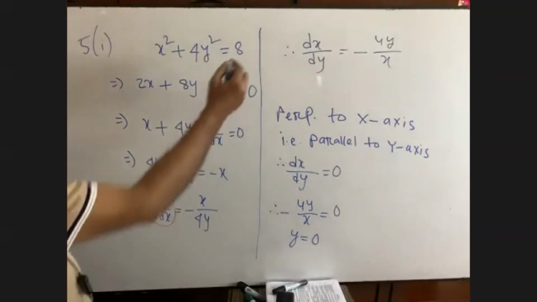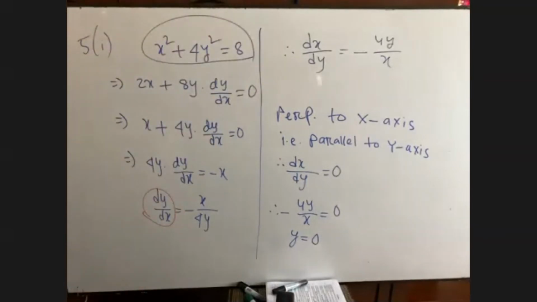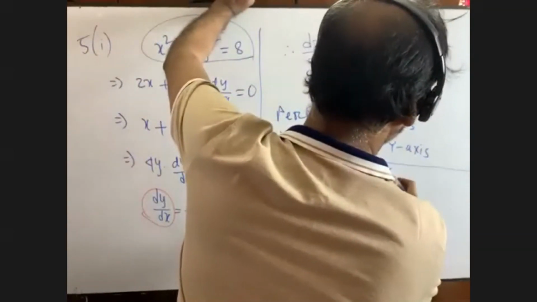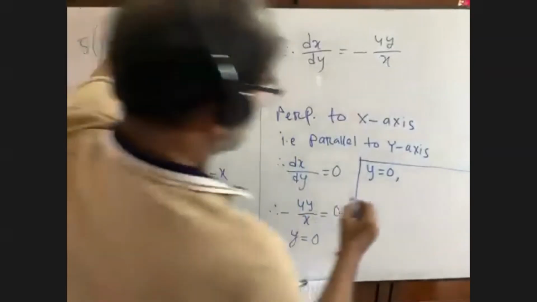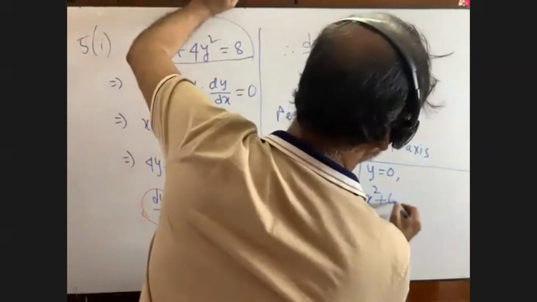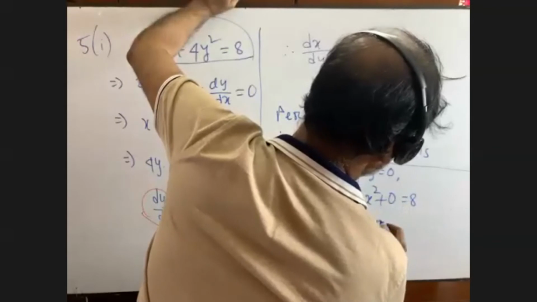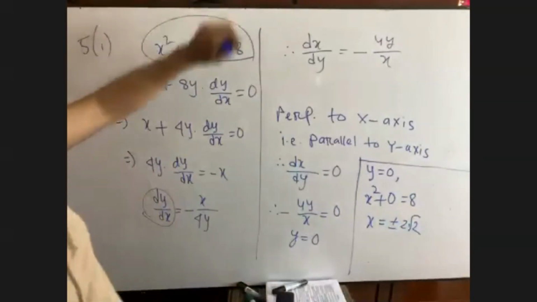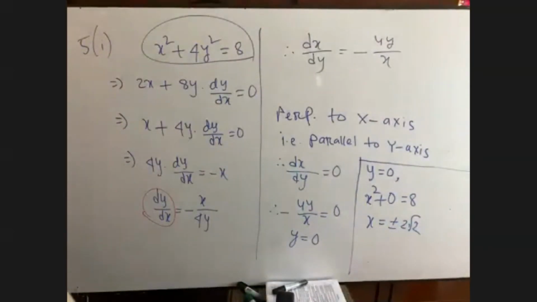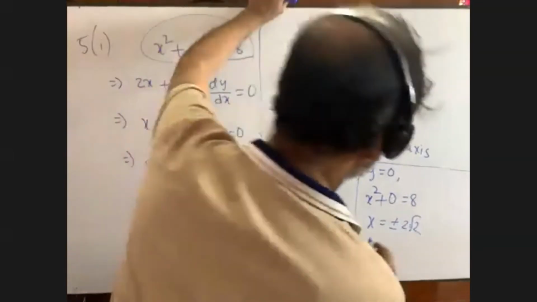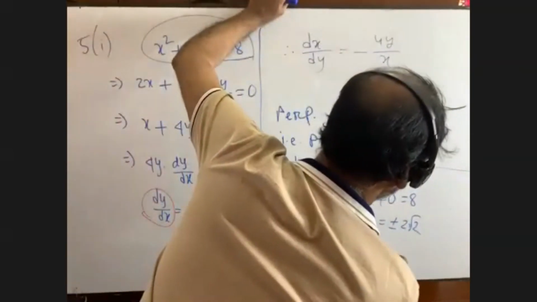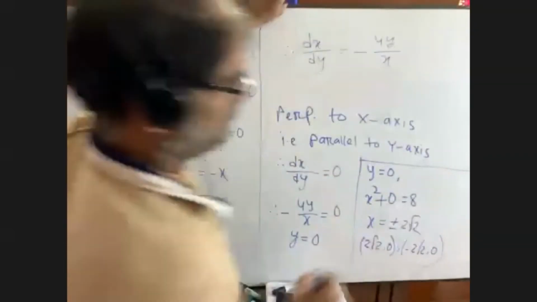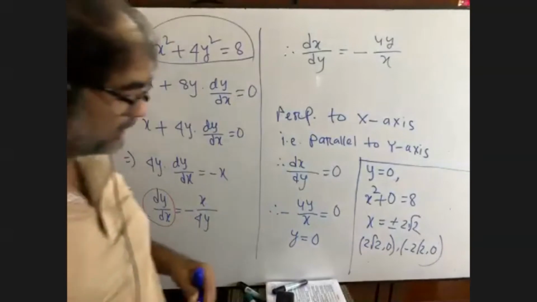If y equals 0, from here we get x equals what? y equals 0, that means x square plus 0 equals 8. So x equals plus minus 2 root 2. Right? So we are getting the points 2 root 2 comma 0 and minus 2 root 2 comma 0.